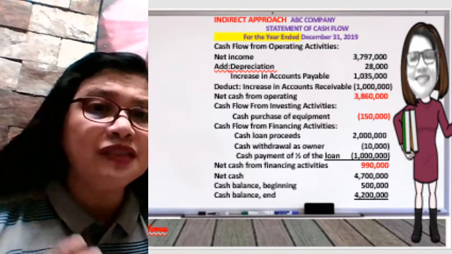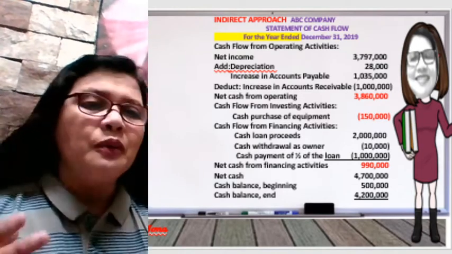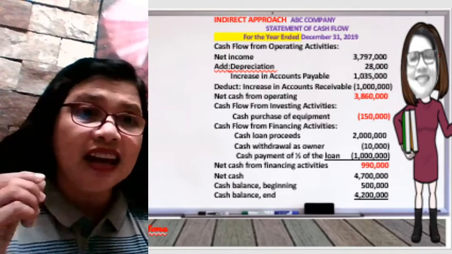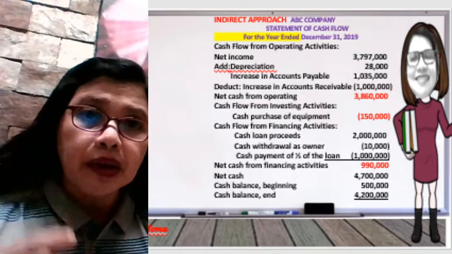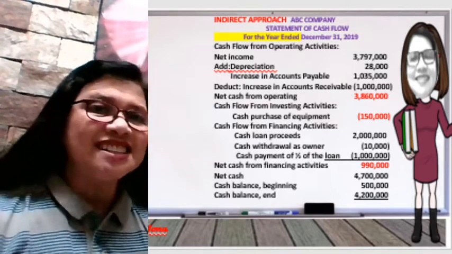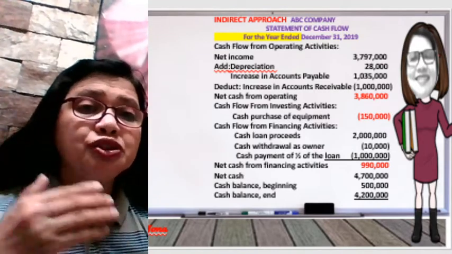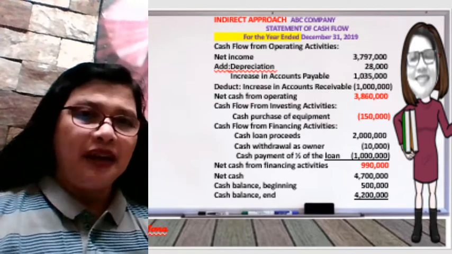And then again, we have the financing activity. What is again a financing activity? Well, this concerns the changes in the equity account and in the borrowings. Our purpose when we do a financing activity is, yes, correct, to increase your working capital so that you will have some money or some financing for your operations.